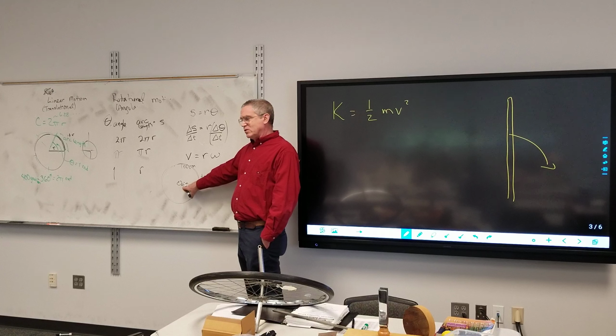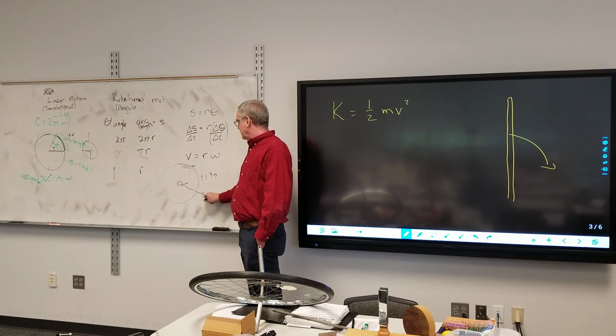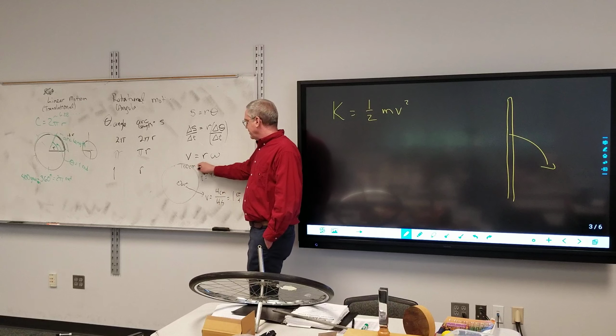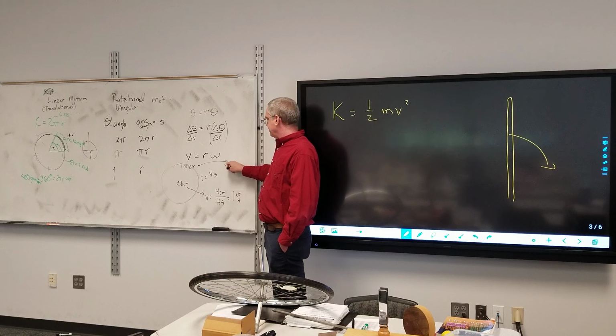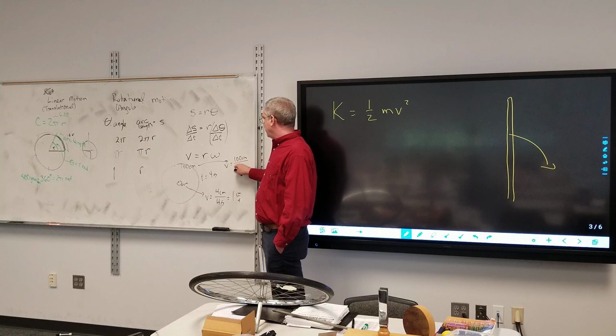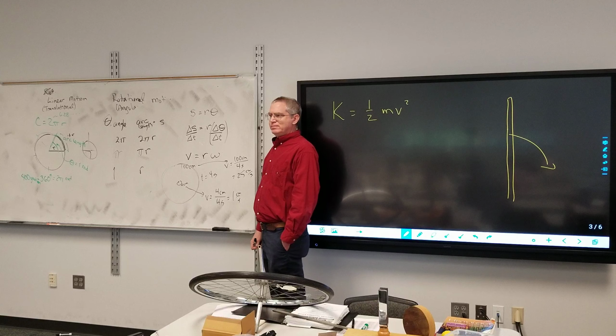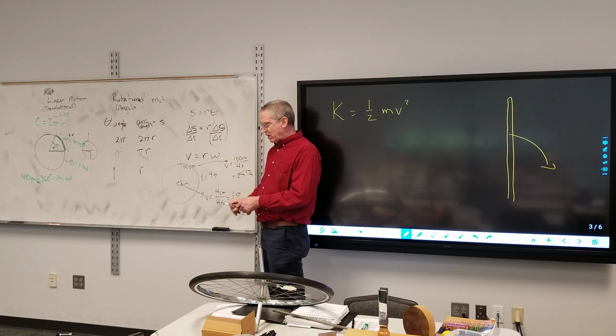So the speed of this one is the distance traveled divided by the time, 1 centimeter per second. And the speed of this part was 100 centimeters over 4 seconds, 25 centimeters per second. Which one traveled faster? The outside. Yeah, the farther you are from the center, the faster you travel.